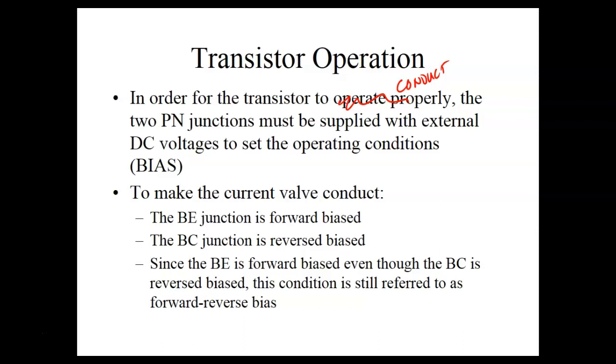So what we mean, if I come over here and this is an NPN, then let's right now, just for the heck of it, connect this to a common. And this is an NPN. Then I'm going to have to make the base positive in respect to the emitter. So if I'm going to reverse bias the collector, then the collector's got to be more positive than the base.